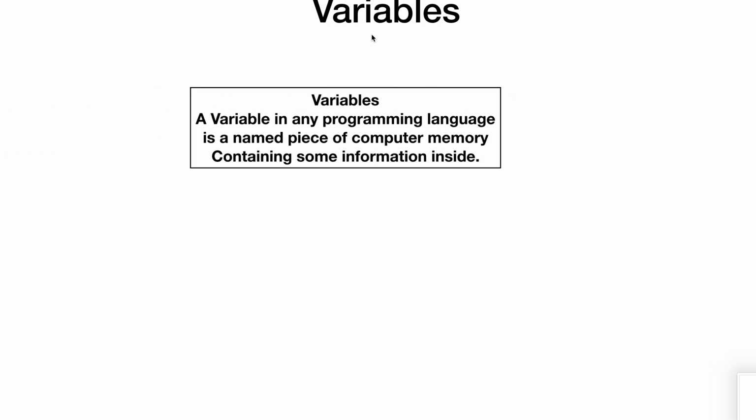Okay, one-dimensional arrays or lists. Now, in order to really understand it, first of all, one should understand the concept of variables. A variable in any programming language is a named piece of computer memory containing some information inside, and you should have the definition memorized.